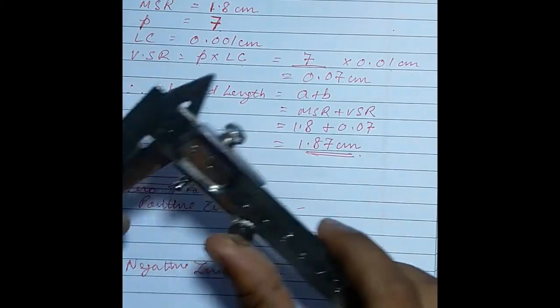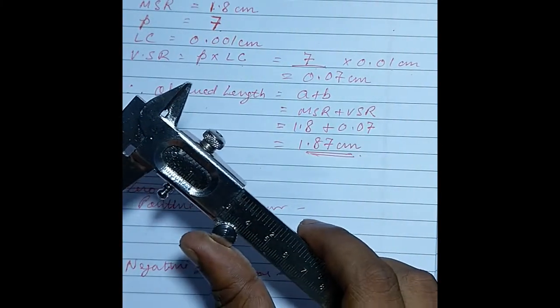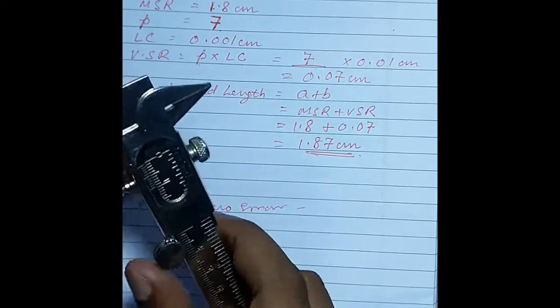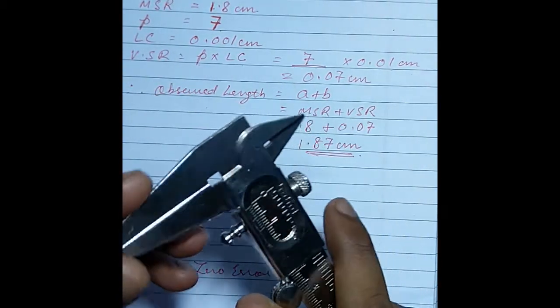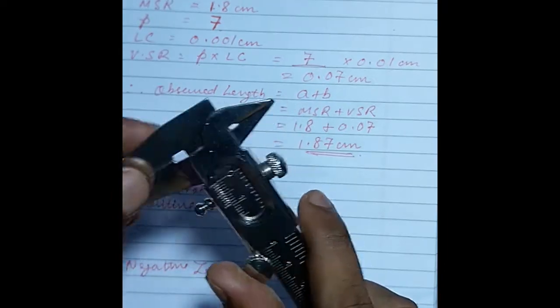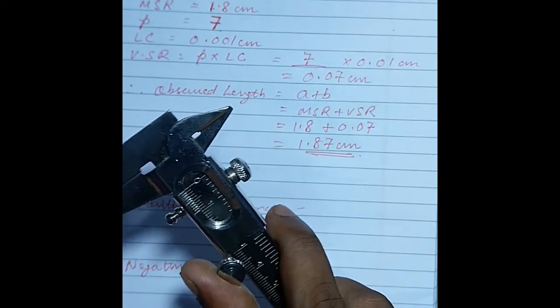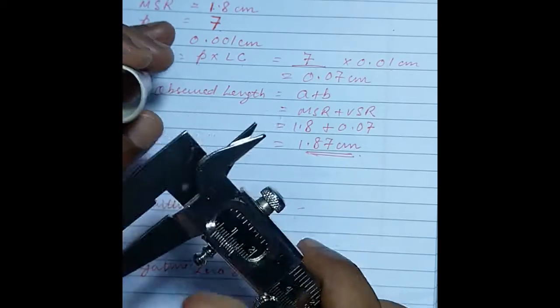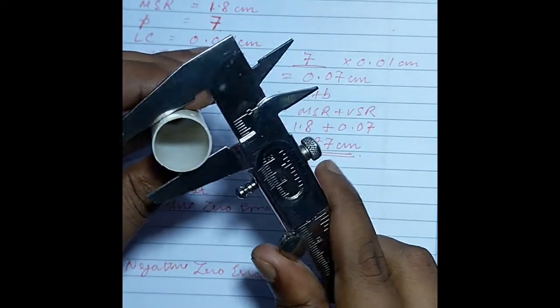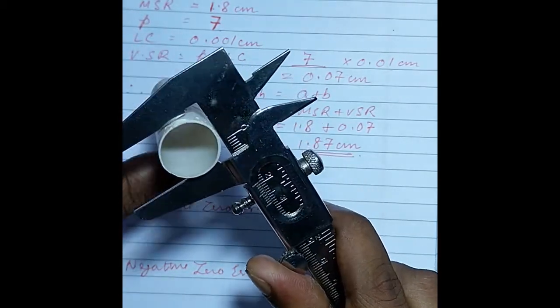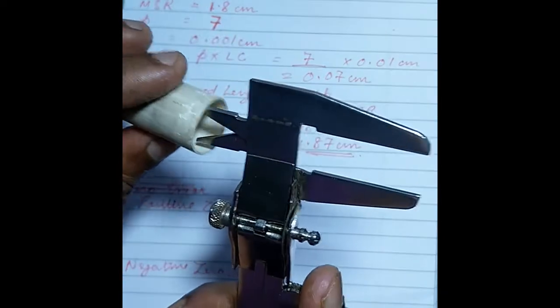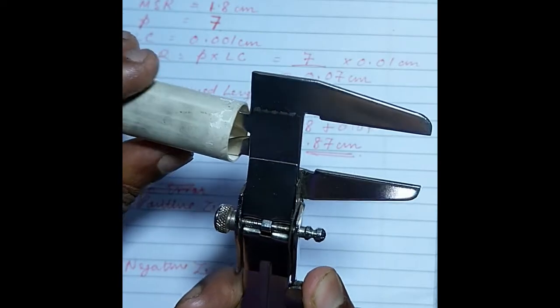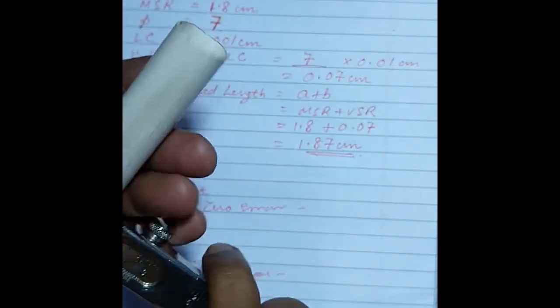Now, some facts about the vernier caliper that I did not tell you last time. The upper jaws are used to measure the outer diameter, like this. In the same way, the smaller jaws are used to measure the internal diameter of a particular thing.